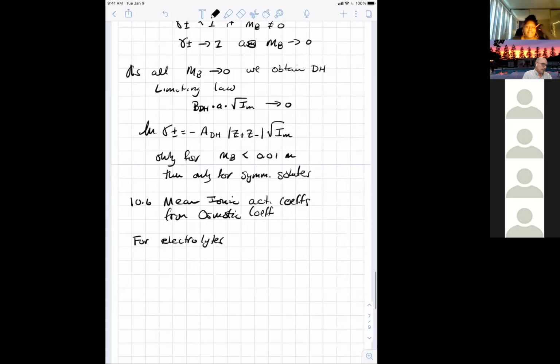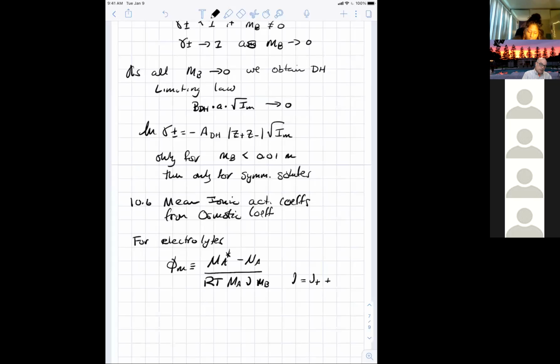But what happens is if we do this for electrolytes, remember on the top we get the difference between some chemical potentials. On the bottom we get something that we could just calculate. And the only difference here is now we have this stoichiometric factor which accounts for the total number of ions. And we no longer have a sum. So again, the nu is nu plus plus nu minus.